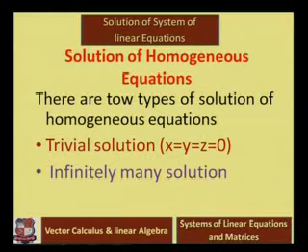Now the solution of a homogeneous equation. There are two types of solution in a homogeneous equation. The first one is the trivial solution, in which all the unknowns are 0. The second case is infinitely many solutions, the same as in the non-homogeneous equation.